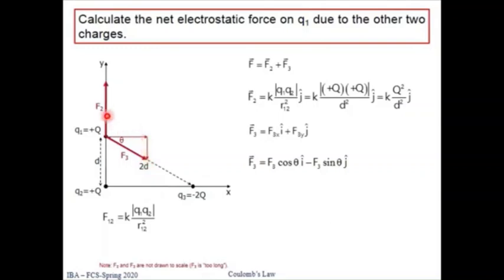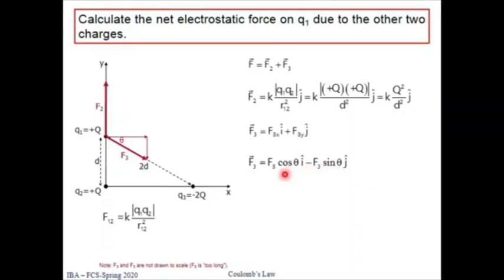Initially we defined the upward vertical direction as positive, so the downward vector will be taken as negative. So this is the F3 vector: F3 cos theta i cap minus F3 sine theta j cap.